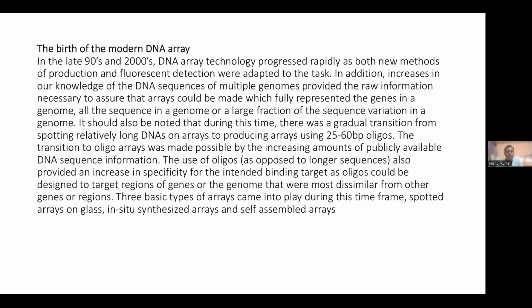So this is, we can say, one of the latest technologies, and it was introduced in the late 90s and 2000s. It has made a great landmark in detecting important defects or important genes responsible for several disorders, or resistance caused by bacteria or other pathogens.